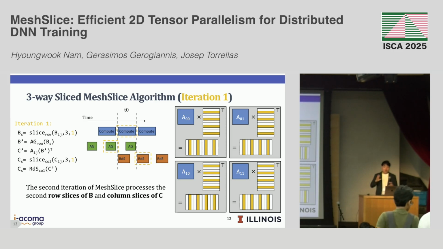As a result, most of the communications can be overlapped with computations, reducing the total execution time significantly. And you can control the number of slices as you think. If you have more slices, you will have less unoverlapped portions. But it may increase the synchronization cost, so there's a trade-off that is solved by the AutoTuner, which is in the paper.